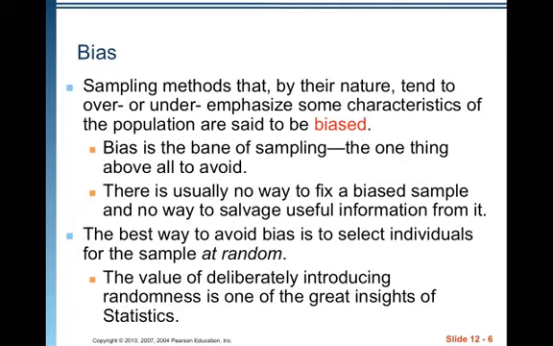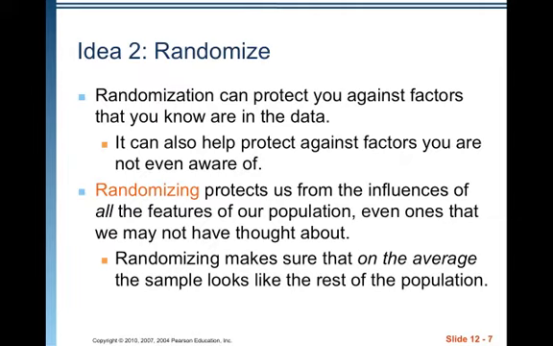The best way to avoid bias is to select individuals from the sample at random. The value of deliberately introducing randomness is one of the great insights of statistics. Randomization can protect you against factors that you know are in the data. It can also help protect against factors you are not even aware of.